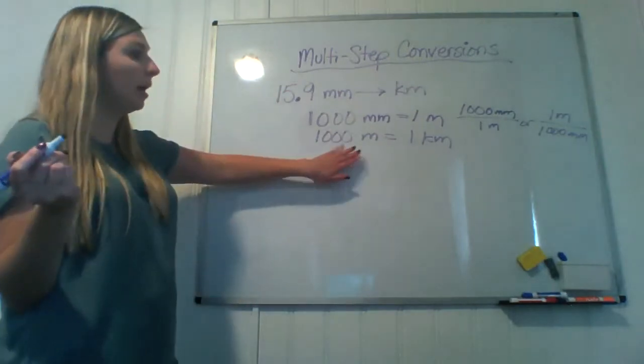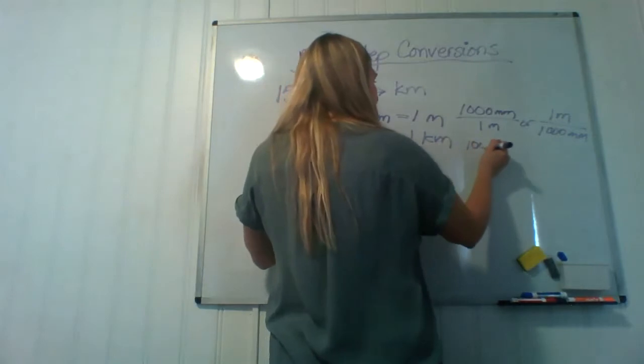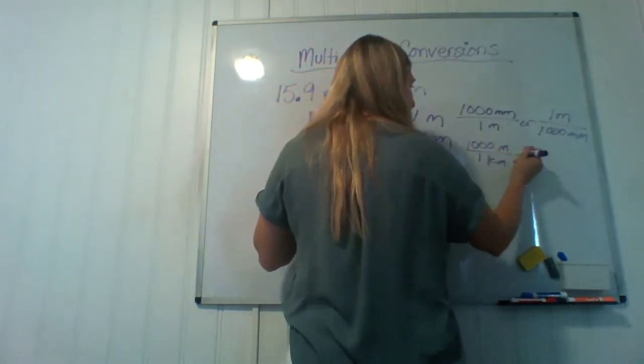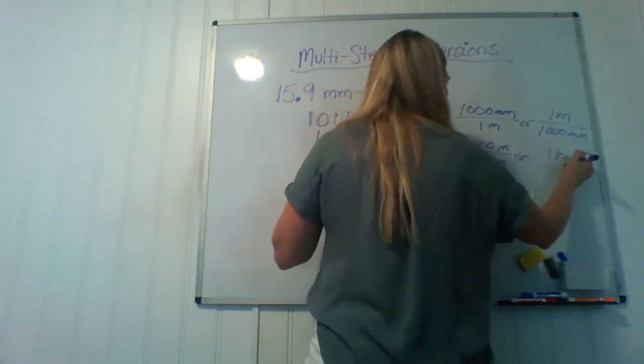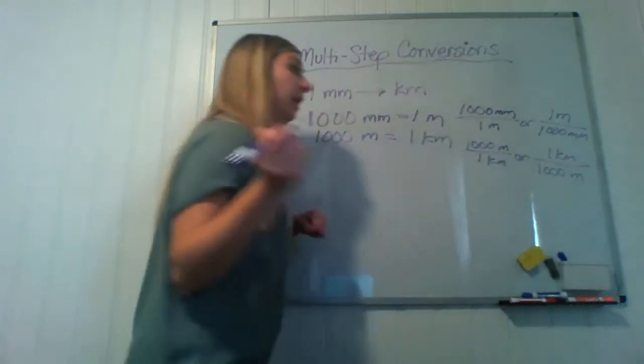The same can be applied to the second equivalence: 1,000 meters per 1 kilometer, or 1 kilometer per 1,000 meters, okay?